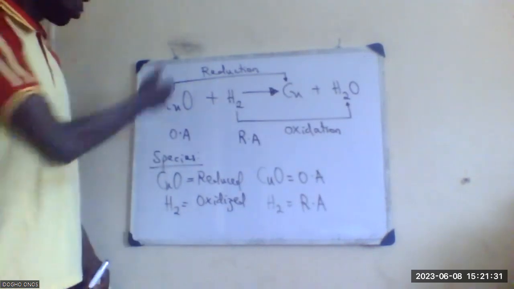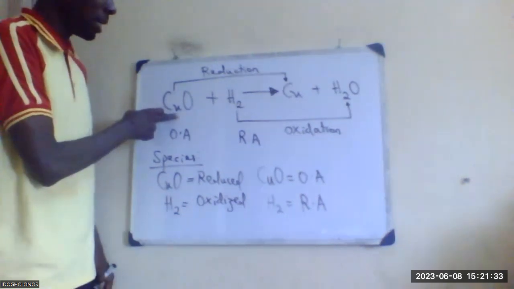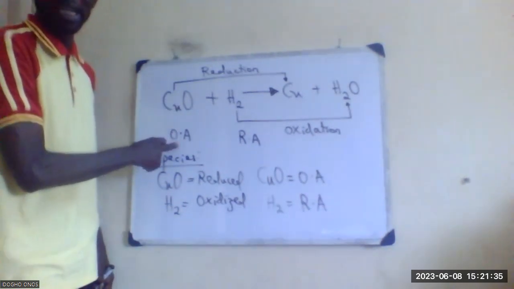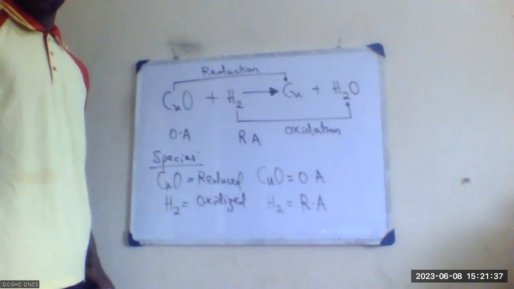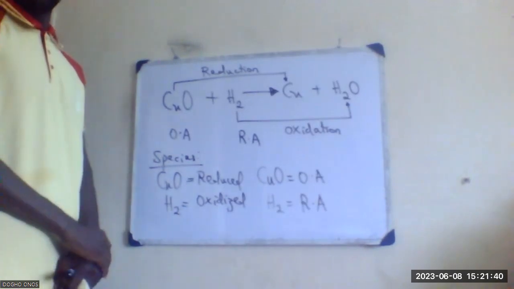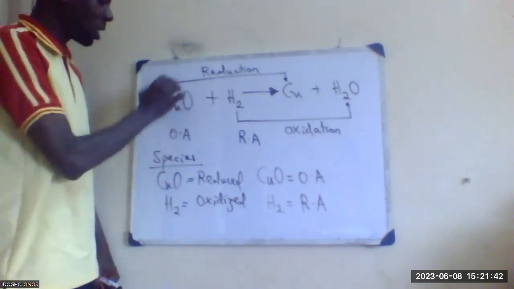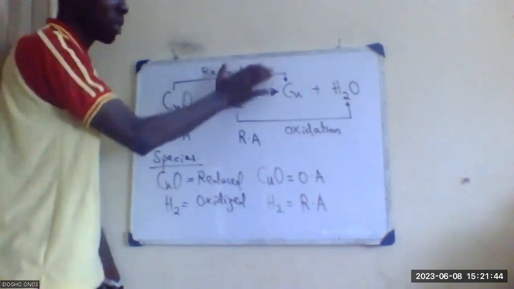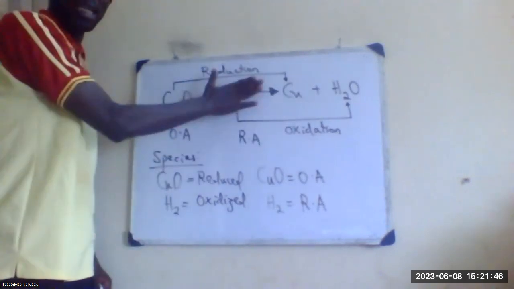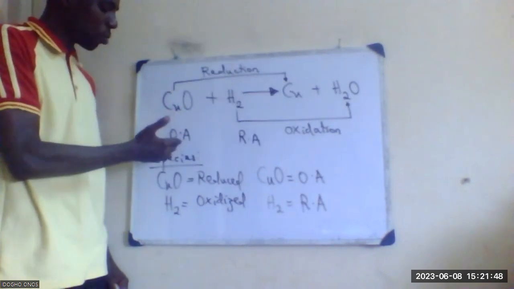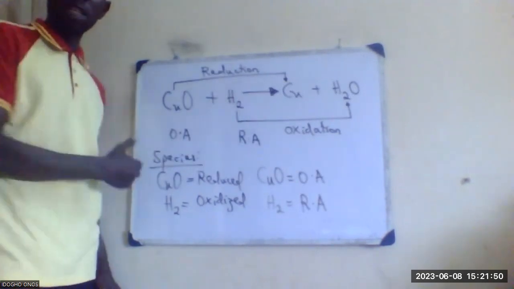In a situation like that, the CuO here is acting as the oxidizing agent. But for them to know if it's the oxidizing agent, they must know which of them is undergoing reduction and oxidation. Once they can identify that, it becomes easier to know which is the oxidizing or the reducing agent.